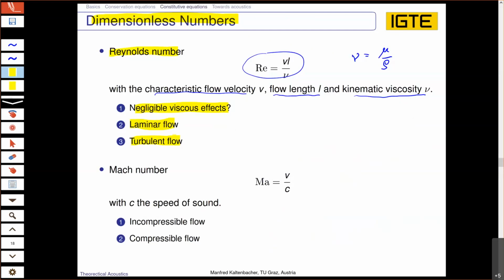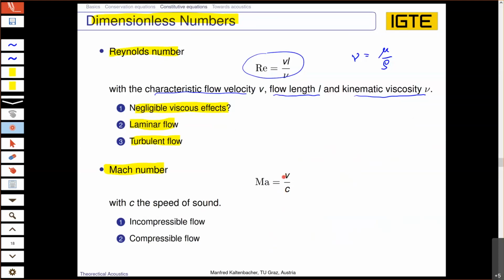Now we have the Mach number, and that is interesting because the Mach number is a ratio between a characteristic flow velocity and the speed of sound. So here we have already the relation between acoustic waves, because they propagate with the speed of sound, and the flow velocity, which is the velocity of the particles, how fast they move on.